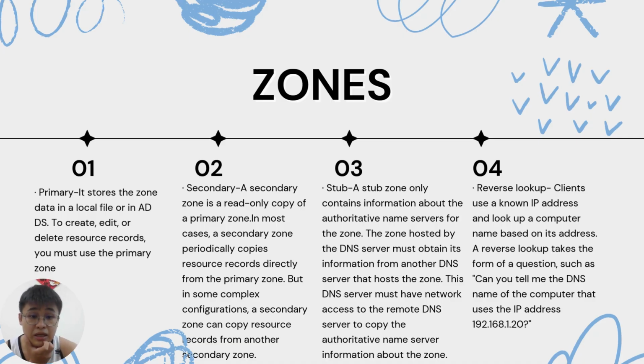Then there is the stub zone, which only contains information about the authoritative name servers for the zone. The zone hosted by the DNS server must obtain its information from another DNS server that hosts the zone. This DNS server must have network access to the remote DNS server to copy the authoritative name server information. And last is the reverse lookup zone, where clients use a known IP address and look up a computer name based on its address.